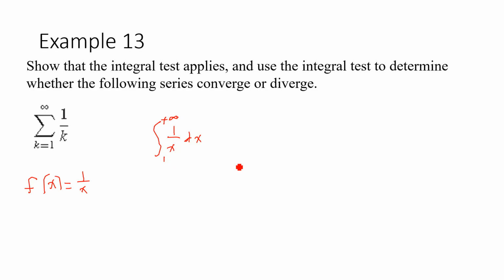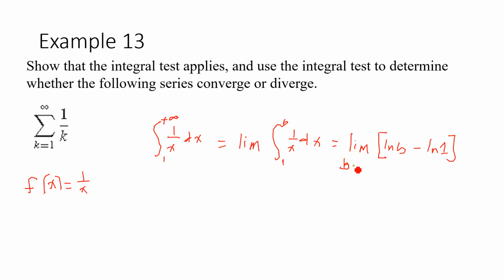Let's try to get the limit. So you have the limit of the integral of 1 over x dx from 1 to b, which would be equal to the limit of the natural logarithm of b minus the natural logarithm of 1, as b approaches positive infinity.